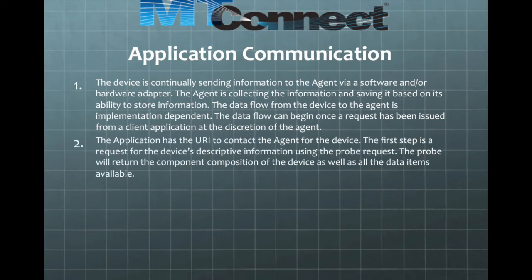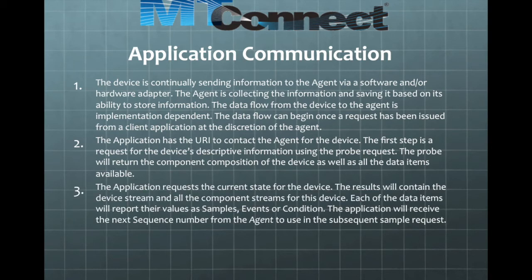The first request is to do a probe: basically, tell me about yourself and tell me the data items that I can get. Then the application will request the current state of the device, and it will report back on exactly what's going on in terms of the particular machine tool, sensor, bar feeder, compressor, what have you.